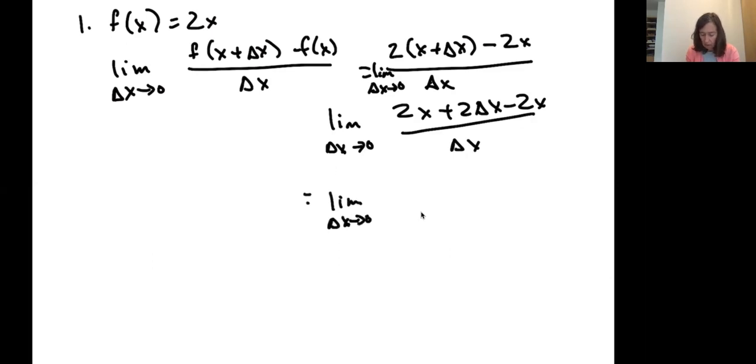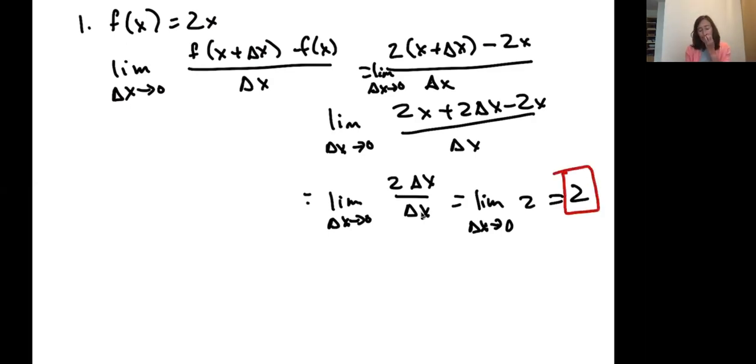The 2x's cancel. I get 2 delta x over delta x. Now I can do my little trick. Every place except where delta x equals 0, I can cancel that. That is the limit as delta x goes to 0 of 2. That is 2, and that is indeed our answer.